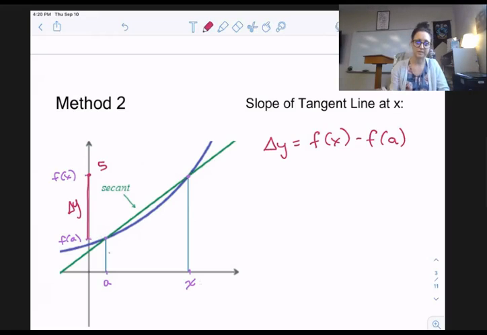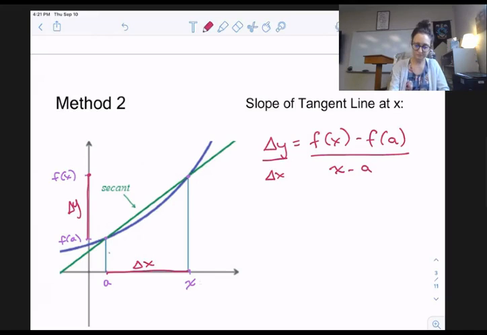So we're just using symbols instead of numbers so that we can generalize. Okay, and then my run is my change in x, right? So my right x value minus my left x value, okay? So that's the slope of the tangent line, again, secant line.